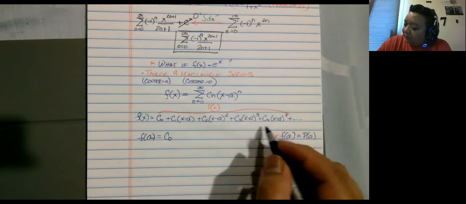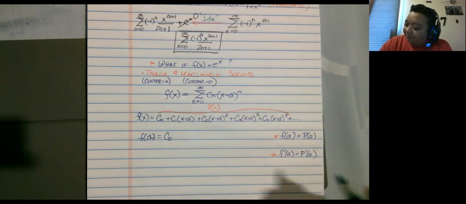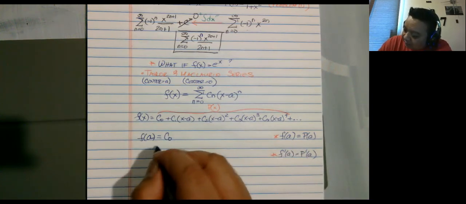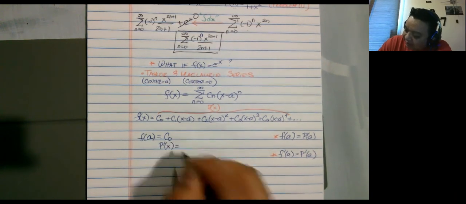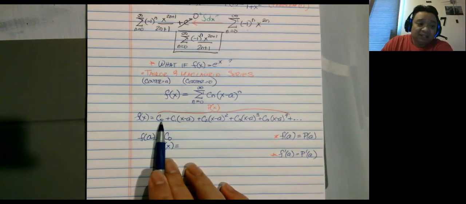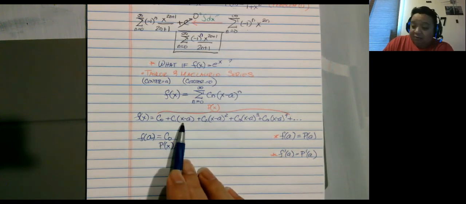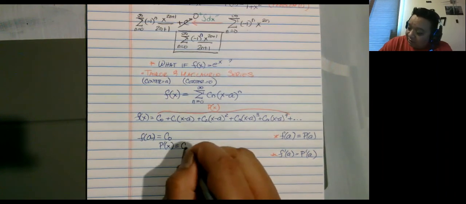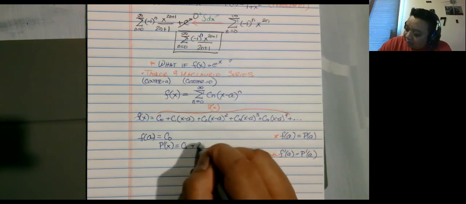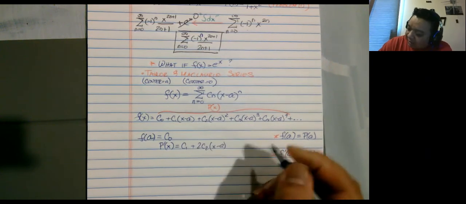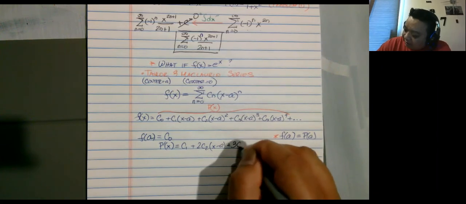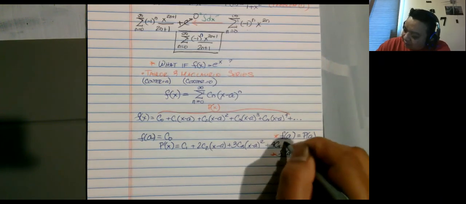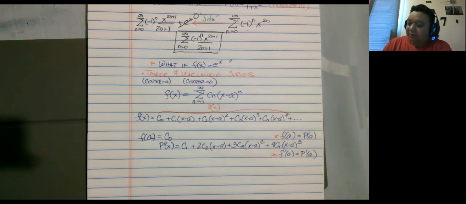So p prime of x: the derivative of c naught is a constant, so that would be 0. The derivative of c1 (x minus a) is just c1. Then this one would be 2c2 (x minus a), then 3c3 (x minus a) squared plus 4c4 (x minus a) to the third power.